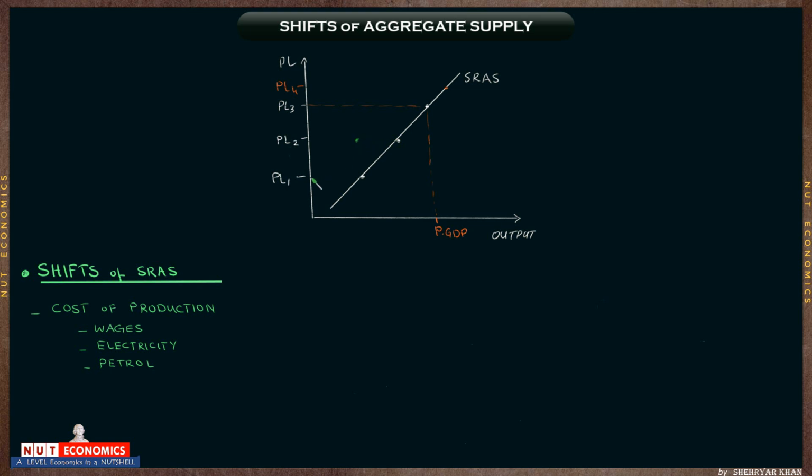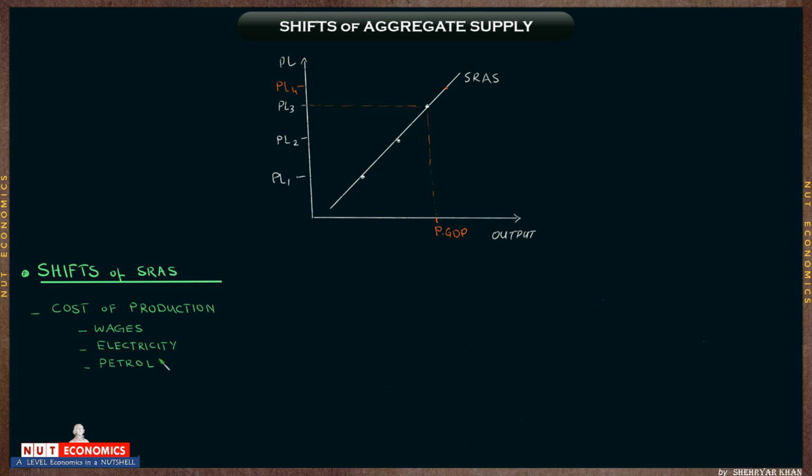And that same logic applies to any other price level such as PL1. Whatever was being produced previously, now the cost of production has increased. At the same price level, profitability will be less, and therefore less will be produced. So the whole aggregate supply curve, we say, will shift to the left.